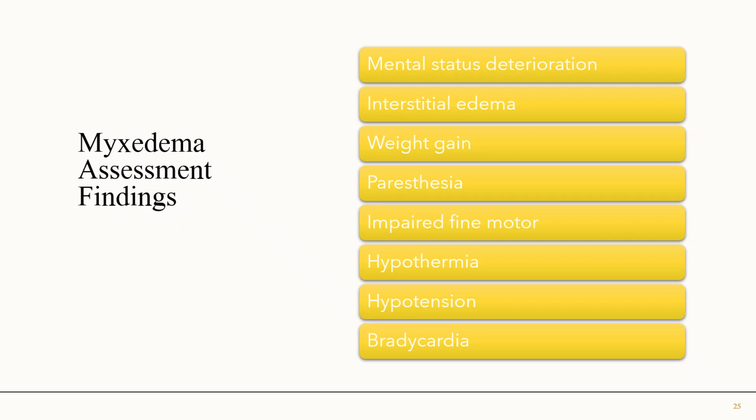Hypothermia is one of the most distressing features, and it's frequently noted during colder months. Cardiovascular findings include hypotension, decreased cardiac output, and bradycardia due to reduced beta-adrenergic stimulation. Depression and cognitive slowing worsen as hypothyroidism progresses in myxedema coma.